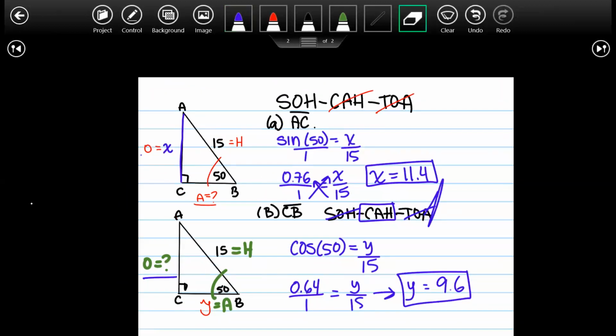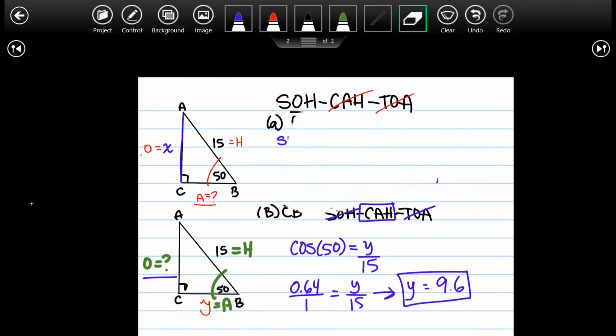I'm going to eliminate this top part just so I can draw on my last one. Part C was actually finding what angle A is equal to. Find angle A. What do we know about the sum of the angles of a triangle? 180.